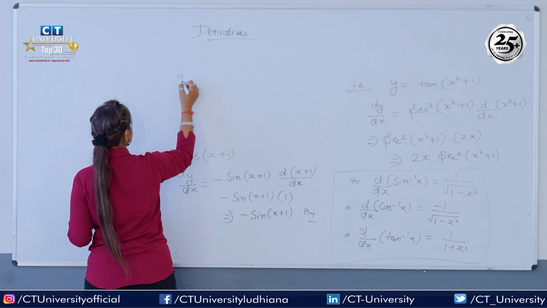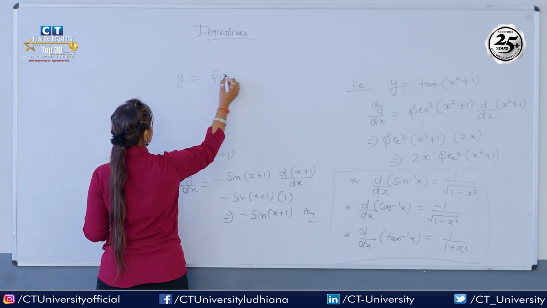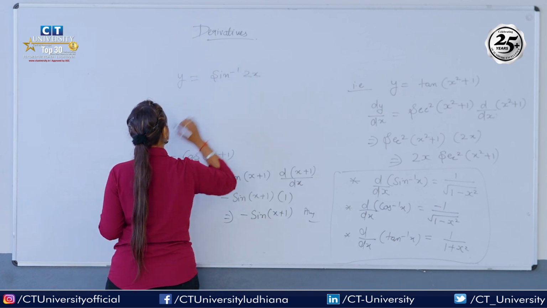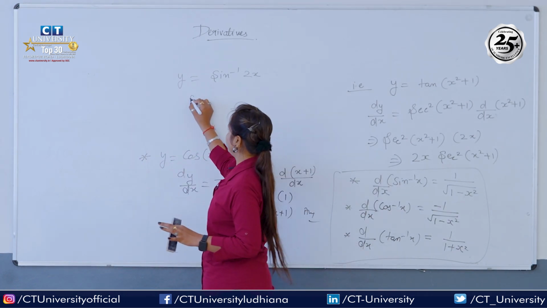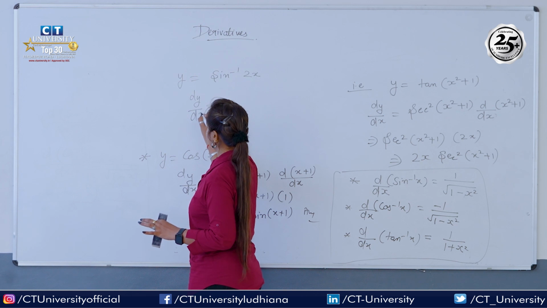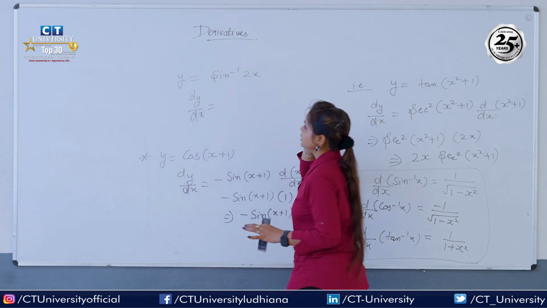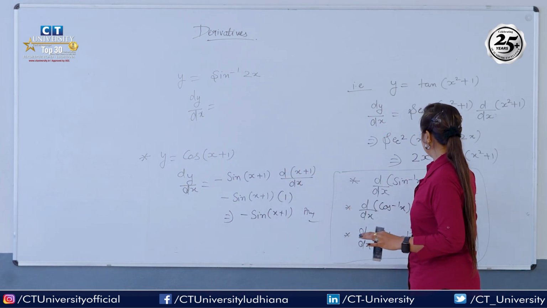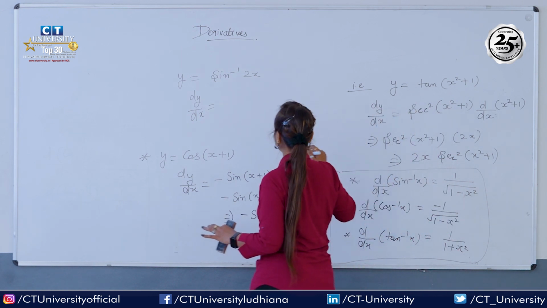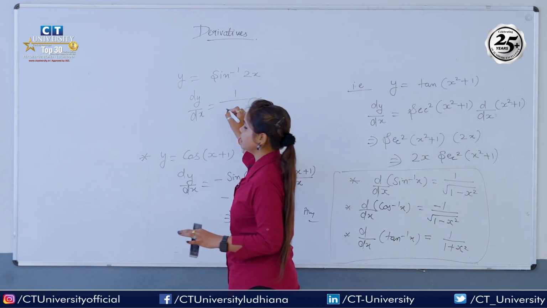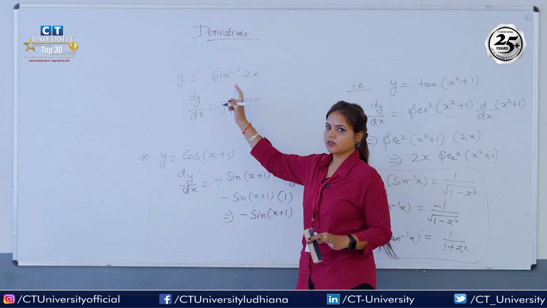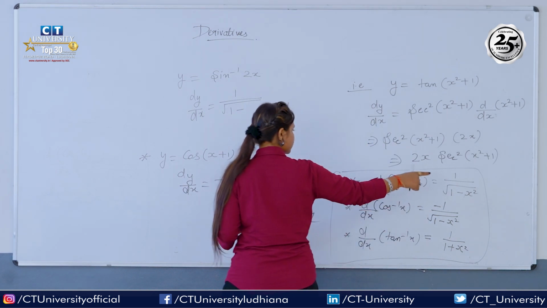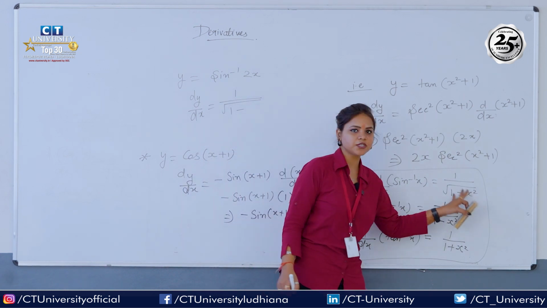Let y equal sin⁻¹ 2x. Differentiate both sides with respect to x. dy/dx is equal to the derivative of sin⁻¹, 1 over √(1 − x²), where x is the angle of sin⁻¹.